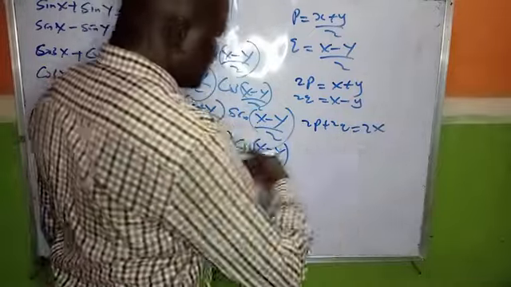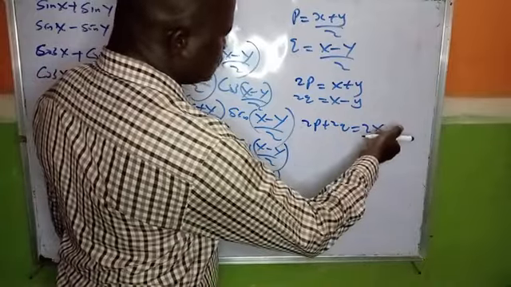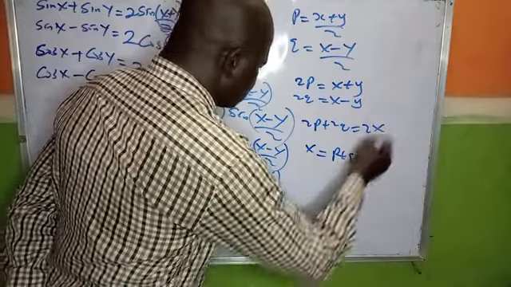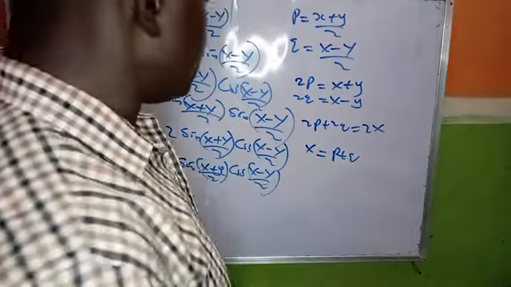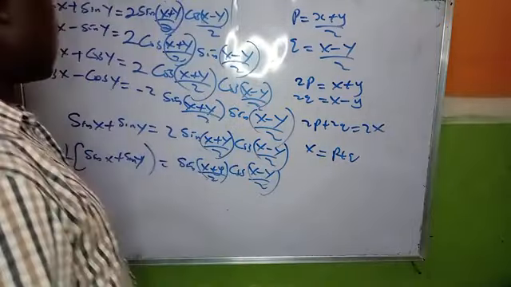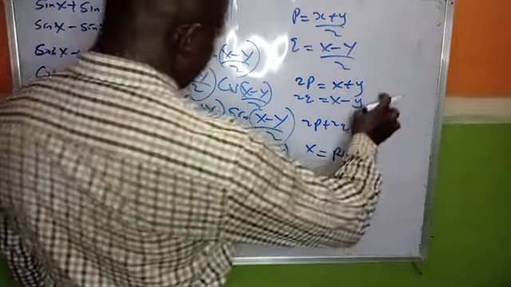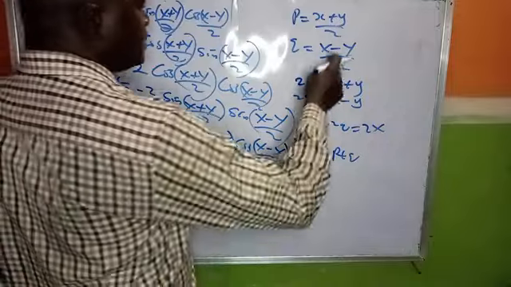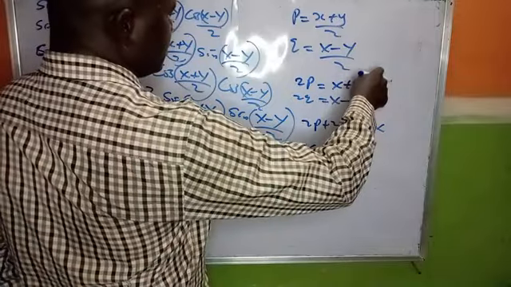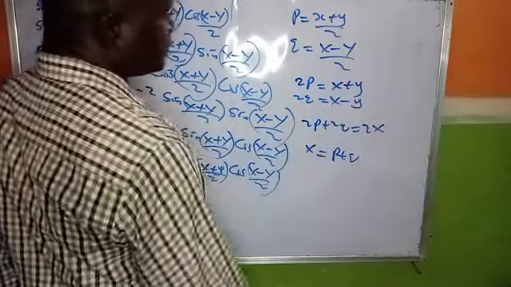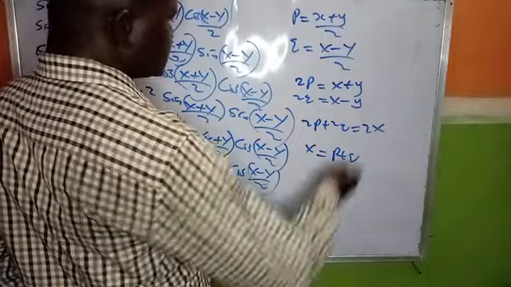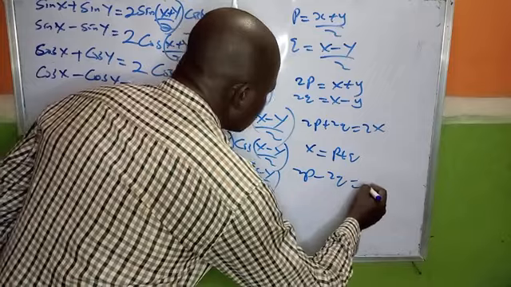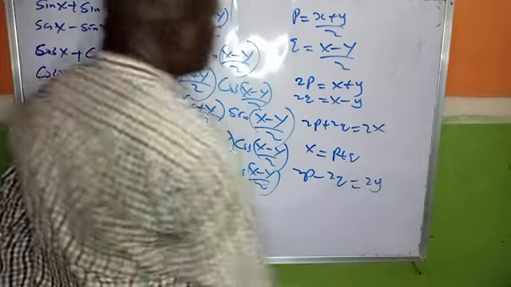So since this is 2, divide through by this, so you will have x equal to p plus q. Again, for the other one, if you subtract, this minus this, so you will have 2p minus 2q equal to 2y.